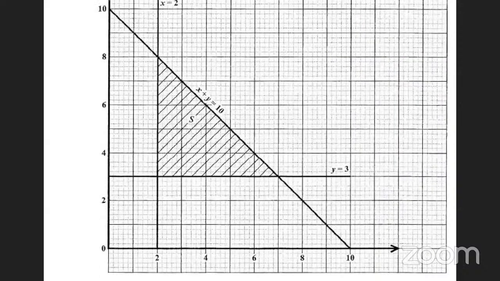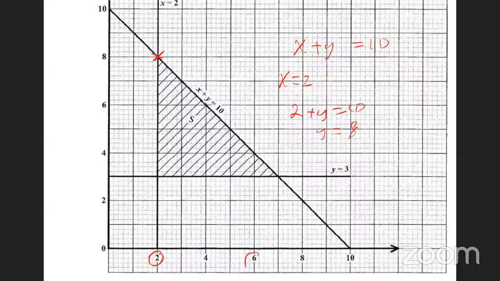Come down here, pick a value. Pick x as 2. So you'll get 2 plus y is 10, y is equal to 8. So plot 2, 8, that's right here. Everybody okay with that? That's all you have to remember. Pick a value from the x-axis, find the y value, plot it.